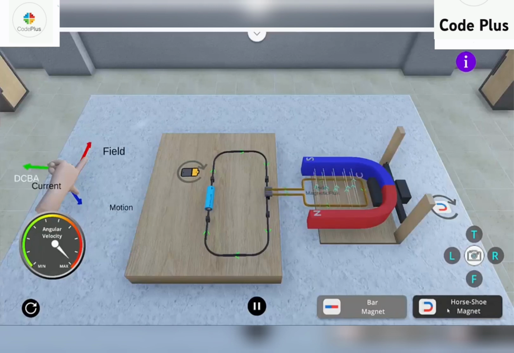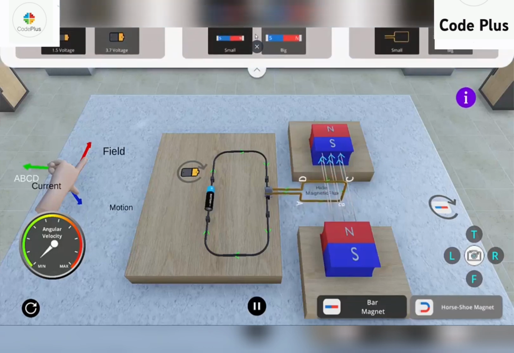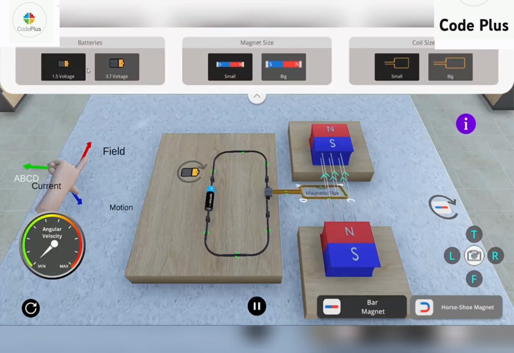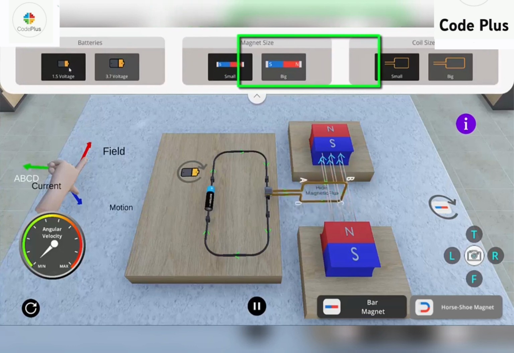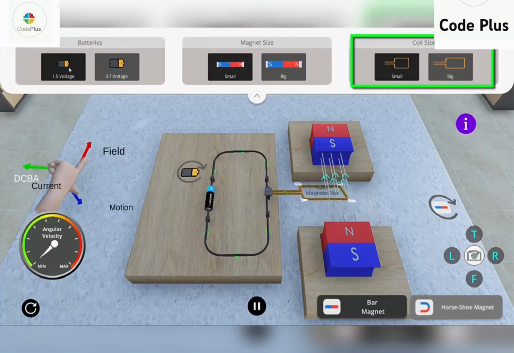So friends, if we want to increase the efficiency of this motor, what do you think are the factors which will affect it? Yes friends, there are these three factors: the applied voltage, the flux, and the voltage across the armature.